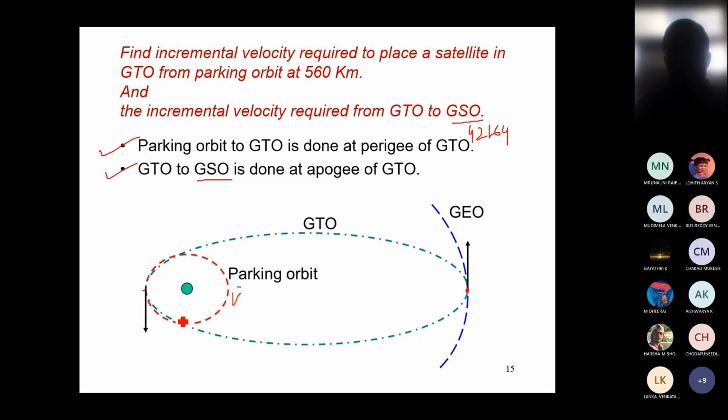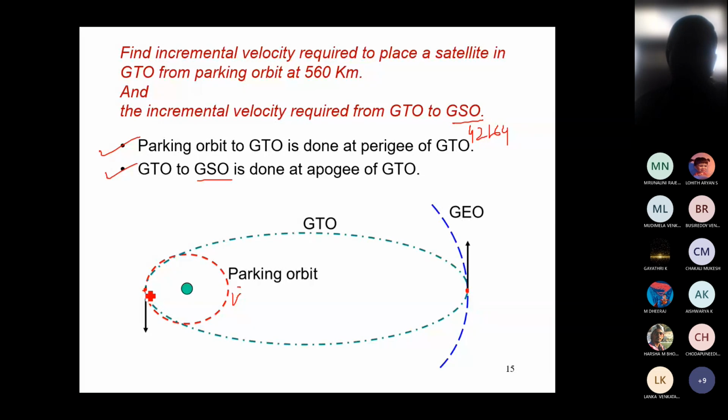Further, when there is a change of orbit from parking orbit to GTO orbit, this particular point, which is called the perigee, is common for the elliptical orbit, which is GTO orbit, and the parking orbit.